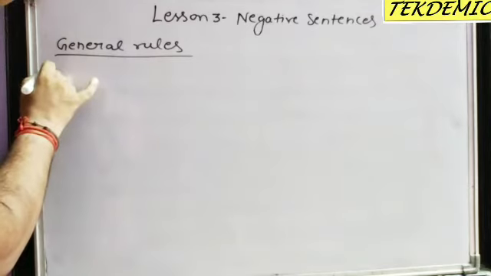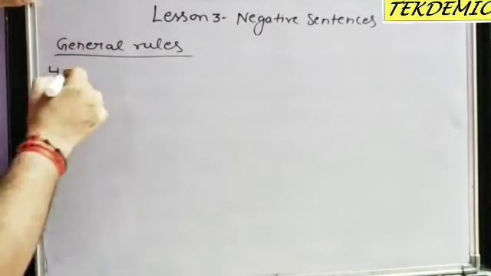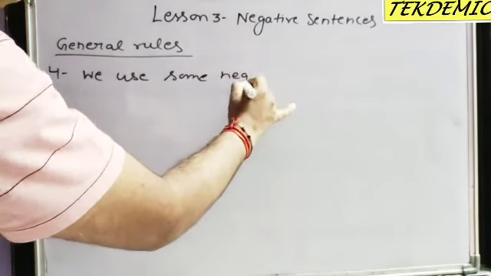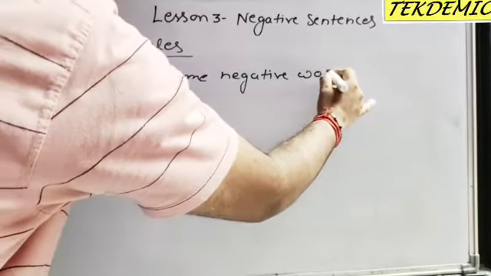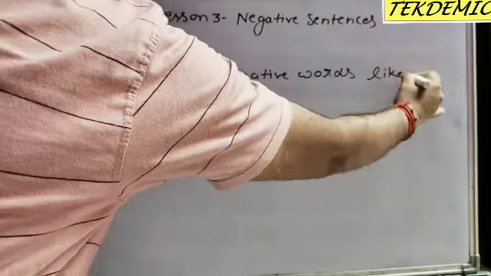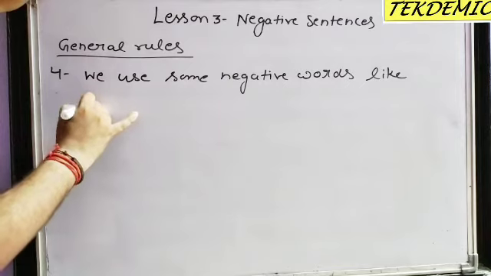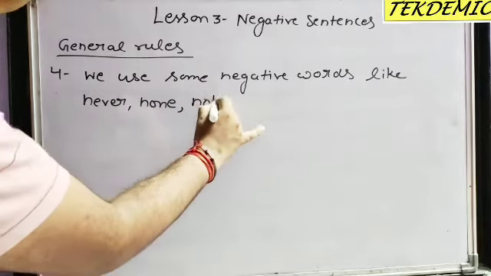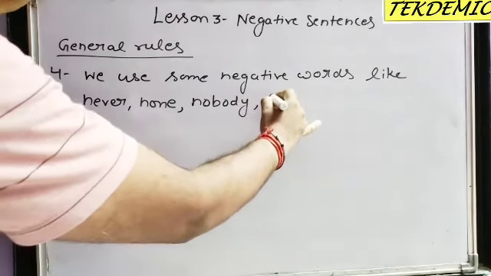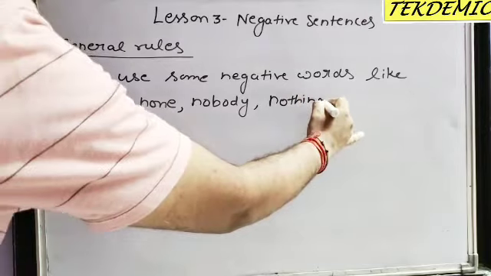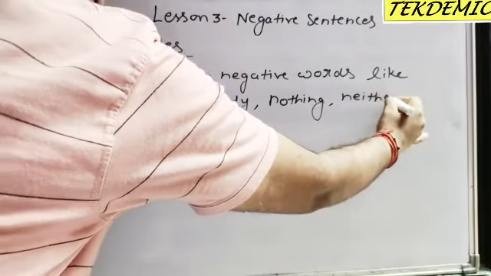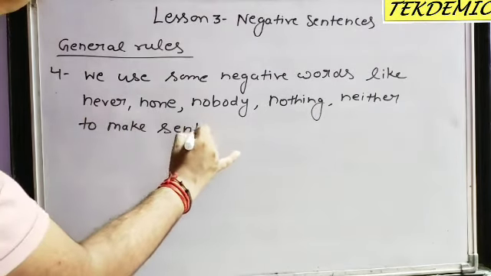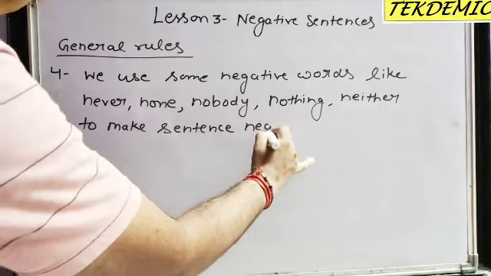So number 4 is we use some negative words like never, none, nobody, nothing, neither to make a sentence negative.